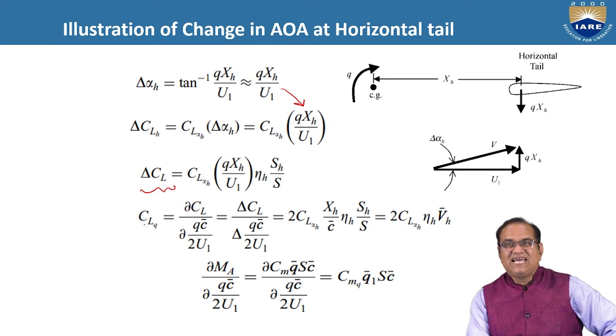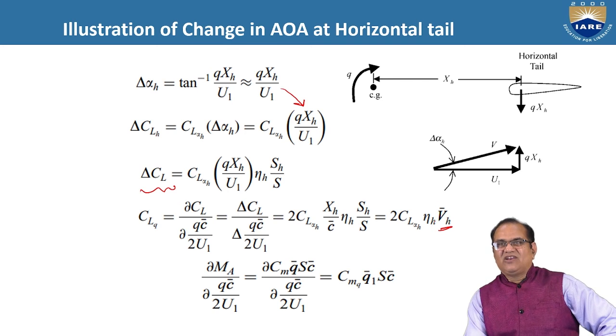Now CLQ means dCL by d(QC by 2U1), so delta CL by delta (QC by 2U1). So for delta CL we will put this whole value. We will get here 2 CL alpha H XH by C bar into eta H SH by S. This will be 2 CL alpha H eta H into VH, the tail volume ratio.